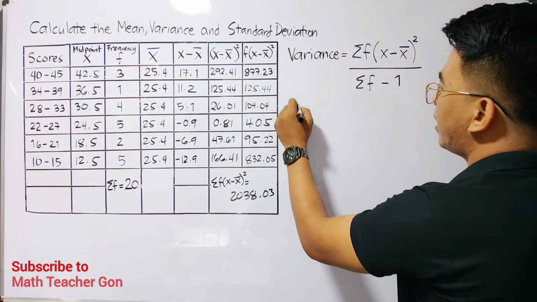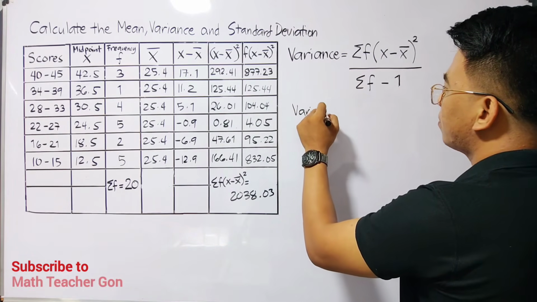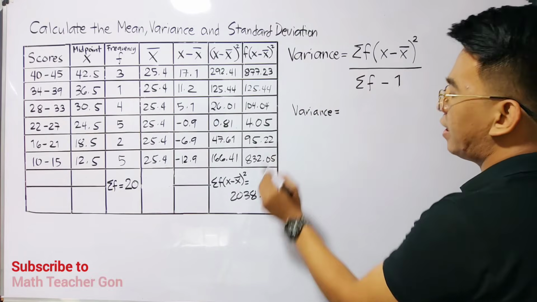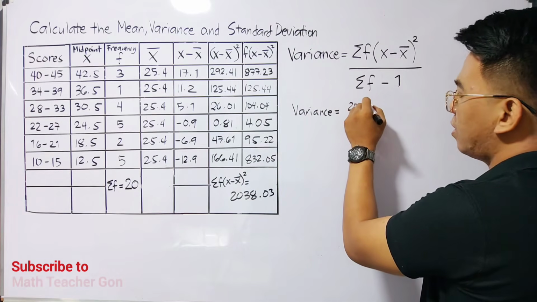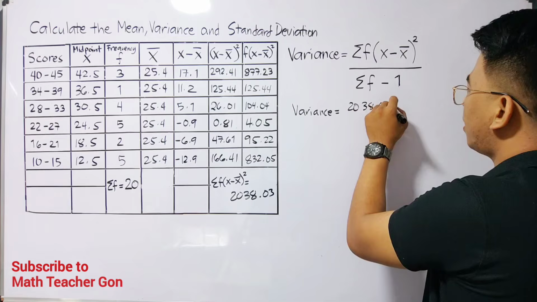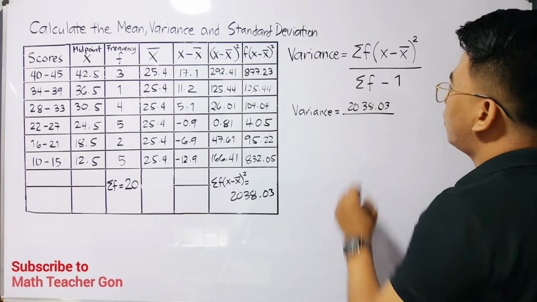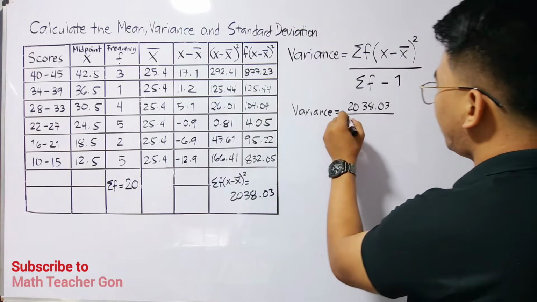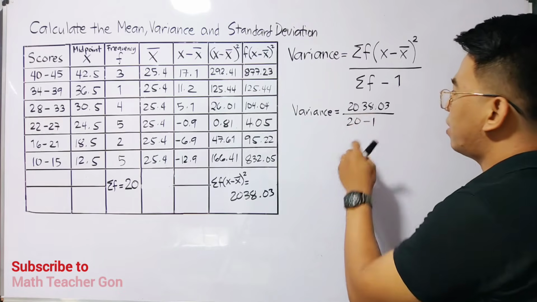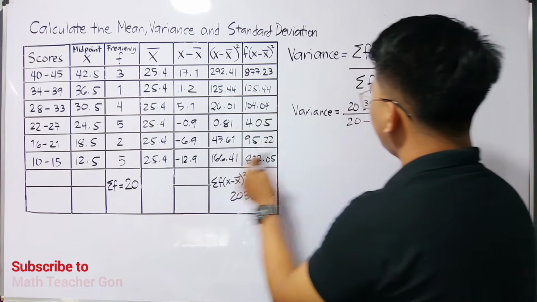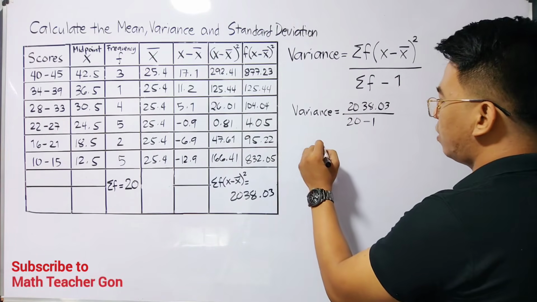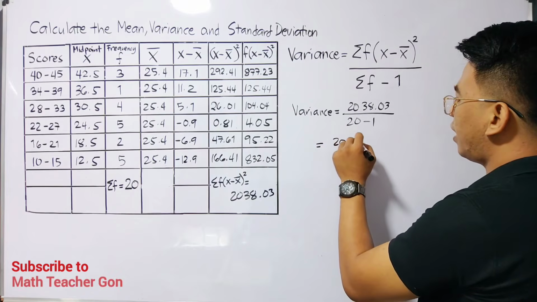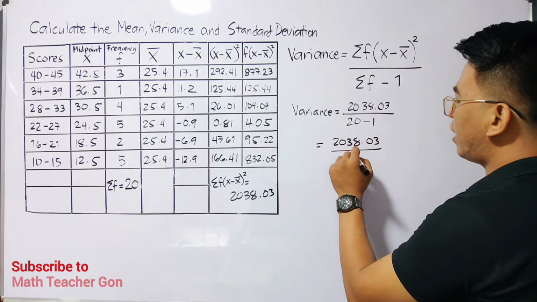So, to solve for the variance, palitan natin, that is 2,038.03 over yung ating 20 minus 1. Yung summation of f natin is this, and then minus 1. So, that is 2,038.03 over 19.